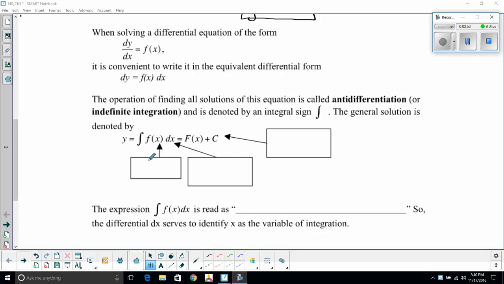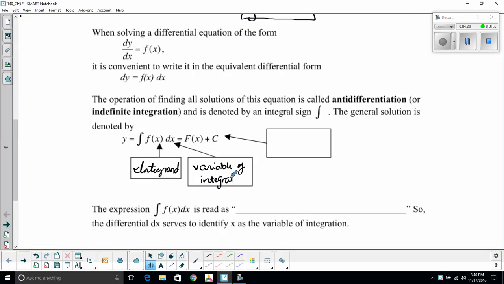So this right here is the integrand, and the dx indicates the variable of integration.